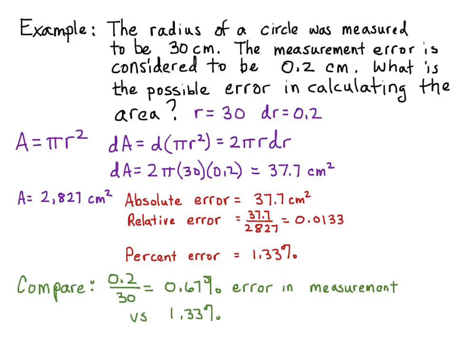Okay, so we're interested in what kind of effect this has. And so if you notice, a slightly less than 1% error in your measurement gives you somewhat more than 1% error in your calculated value. And this is really important when you're designing something or setting up some experiment.